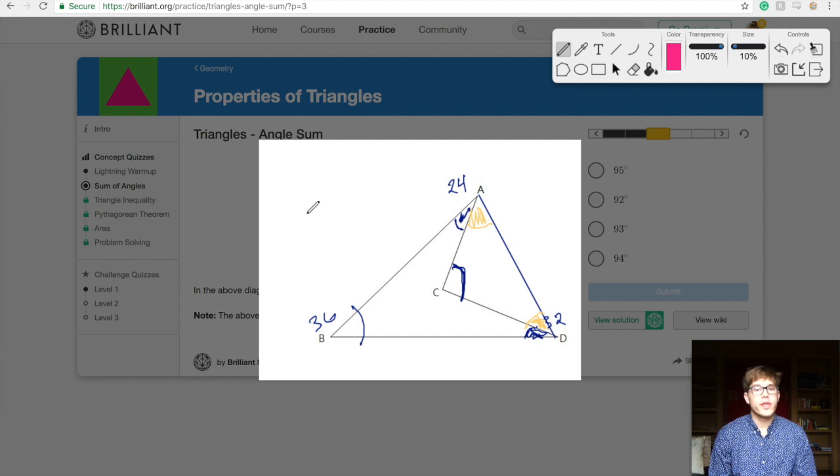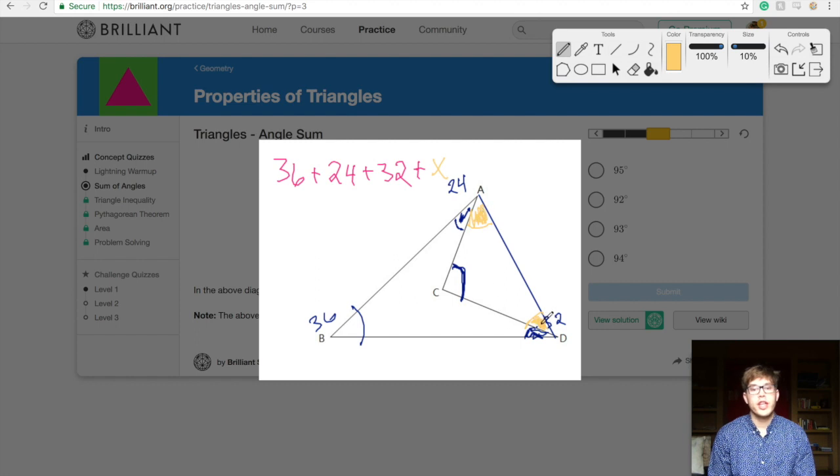Well, we have 36 plus 24 plus 32, and then plus what's missing. So what's missing, I'm just going to put it here in this X, and this X represents both of these angles I have highlighted.